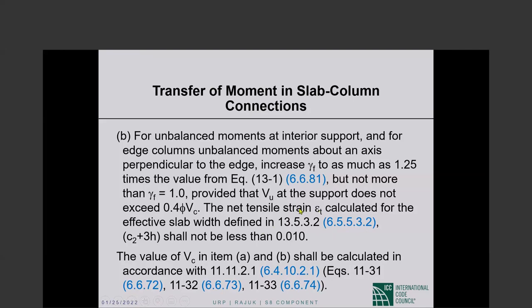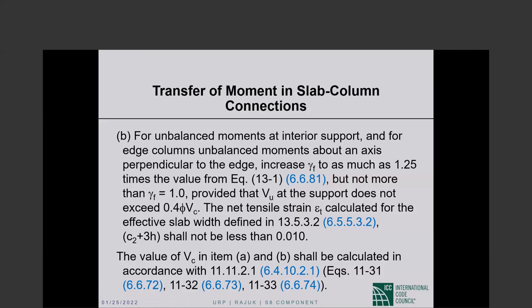Secondly, the net tensile strain calculated for the effective slab width that we discussed yesterday, the moment transfer band width. The net tensile strain calculated for the effective slab width shall not be less than 0.010.